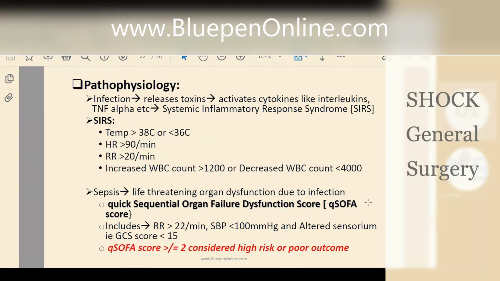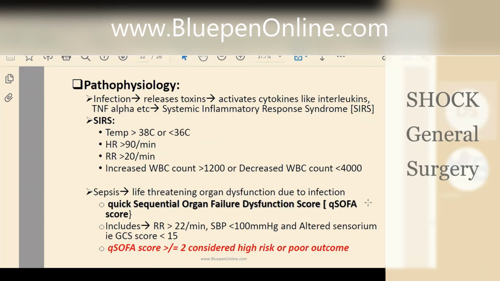What is included in the systemic inflammatory response? Temperature will be greater than 38 degrees Celsius, or less than 36 degrees Celsius. There will be an increased heart rate of more than 90 per minute. Respiratory rate will be greater than 20 per minute. Normal respiratory rate is about 16-20; when it is more than 20, it is seen in shock.